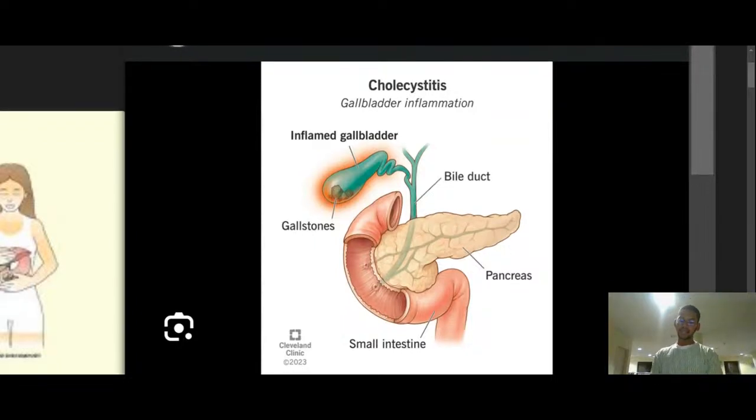If the stone remains impacted, the patient may develop bacterial infection, which may progress to empyema of the gallbladder. These patients are severely ill with high spiking fever and rigors, presenting with late signs of systemic sepsis with hemodynamic instability and multiple organ failure, and are severely tender on palpation under the right costal margin.